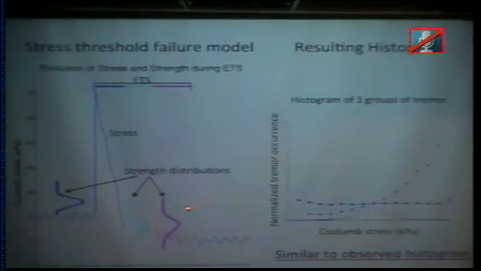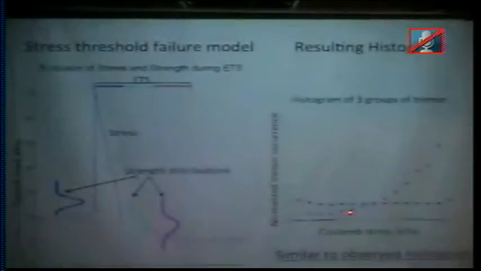And this is a Weibull, let's skip that. And if I run this hundreds of times using different 10-day pieces of real tidal stresses from different places on the fault, I get a synthetic which can be compared to what we saw before, which is extremely similar.